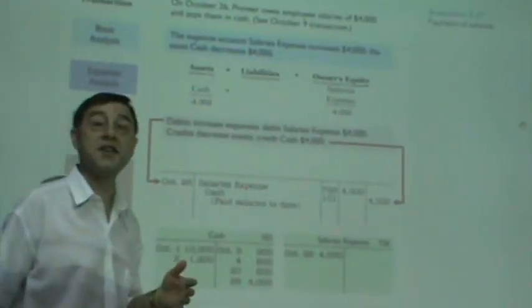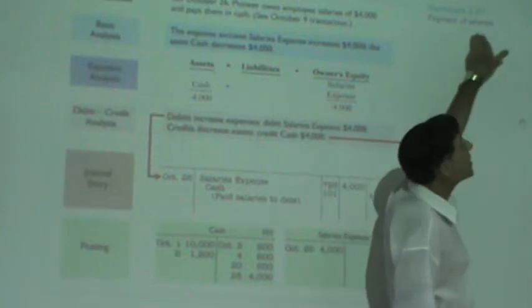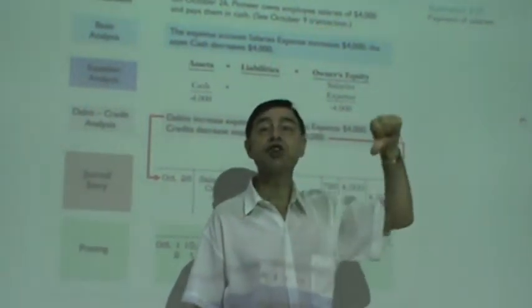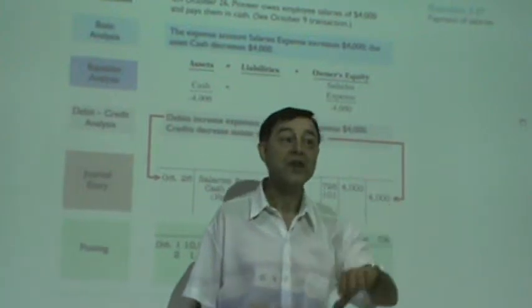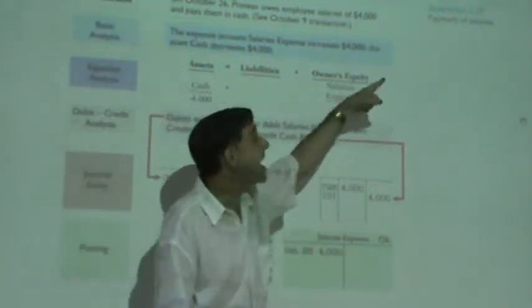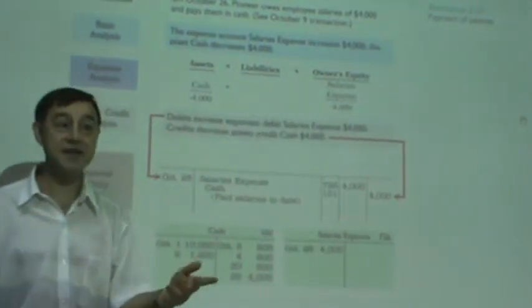All right. Let's see if we got more or we don't have more. Oh yeah, we got more. Next one is payment of salaries. Again, payment of salary, cash going down. If cash going down, you have credit cash. And the salary is an expense.